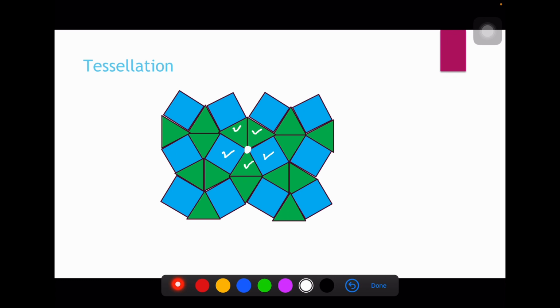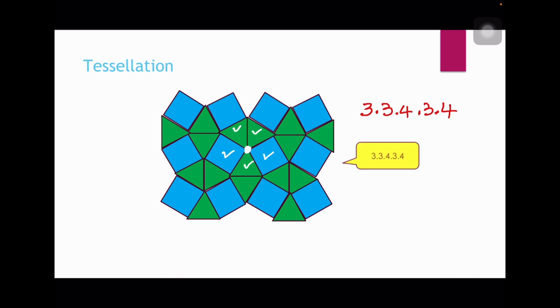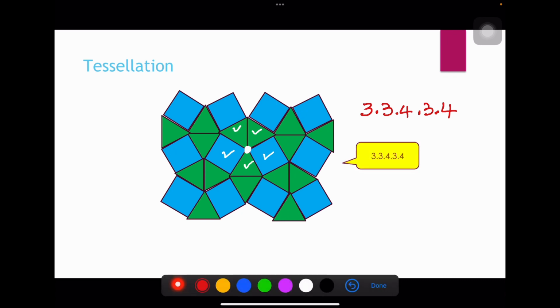You can start from any of the triangles, but the best one will be from where we have 2 triangles. So we have 3.3.4.3.4.